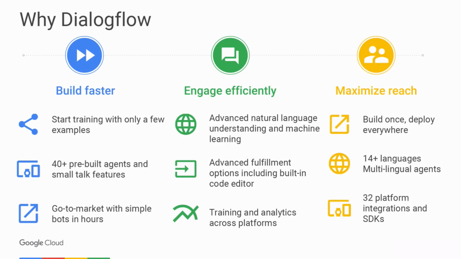And you can maximize reach by going broad, having pretty large language coverage, creating multilingual agents, and going across all these platforms, which we'll come back to in a second.